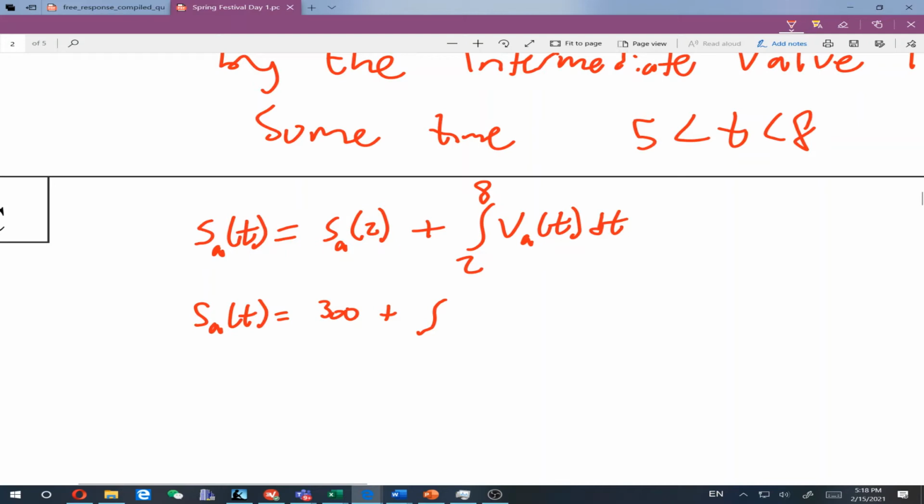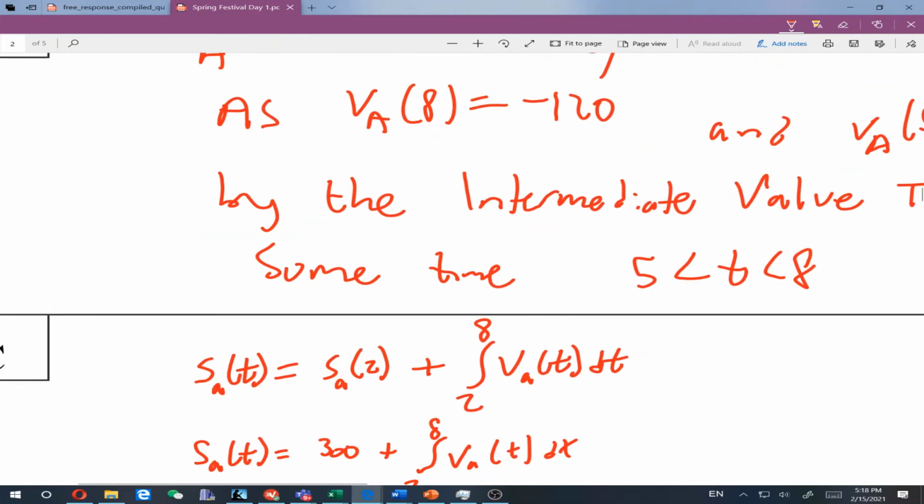So I do need to keep all of my negatives negative. Okay. I'm gonna rewrite this really quick from 2 to 8 of VA at t dt.